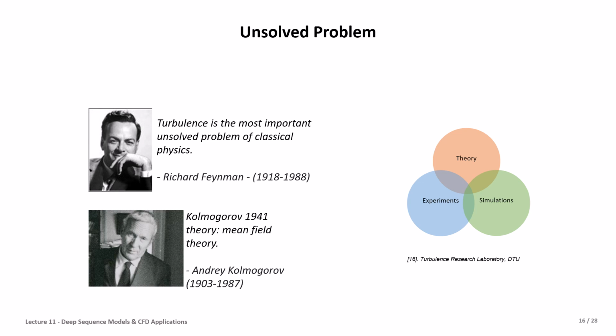That's why we have this statement from Richard Feynman, when he said turbulence is the most important unsolved problem of classical physics.